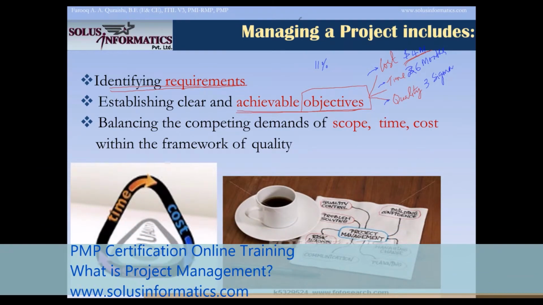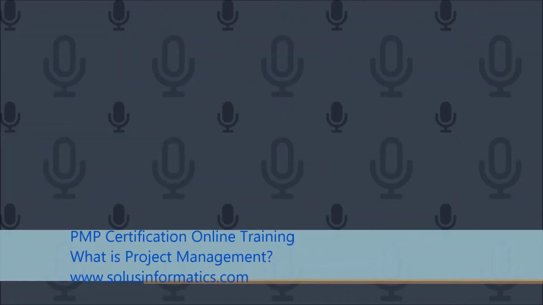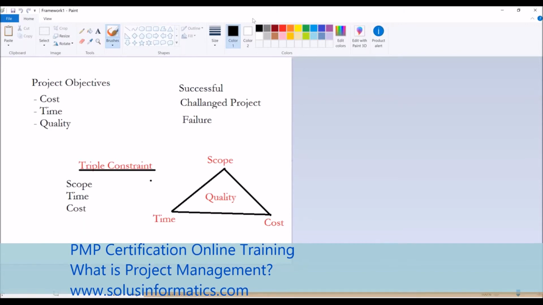And then thirdly, you have projects that are failures, where you're not even able to deliver the scope of the project. You have statistics year on year on the percentage of projects successful, failed, and challenged. So managing a project includes establishing clear and achievable objectives. The objectives should be challenging, but it should be something that you could achieve.